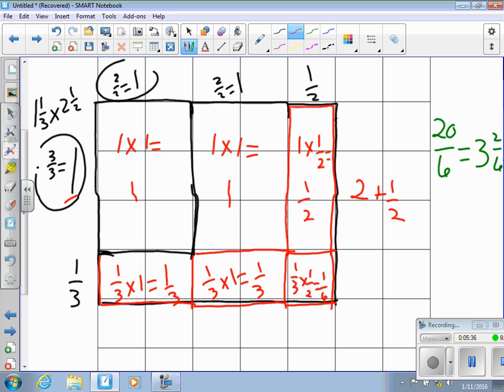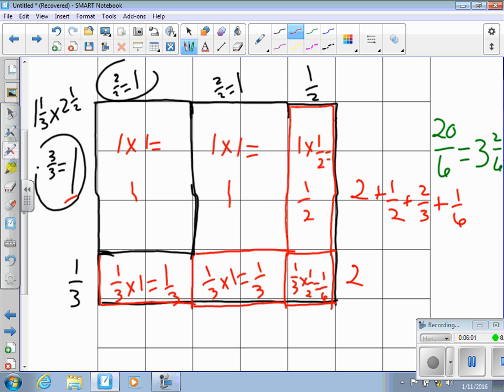When we look across on the bottom part of the array, we can see we have 2/3 plus the 1/6. So here we can add these partial products together to get the total. We can rewrite this.